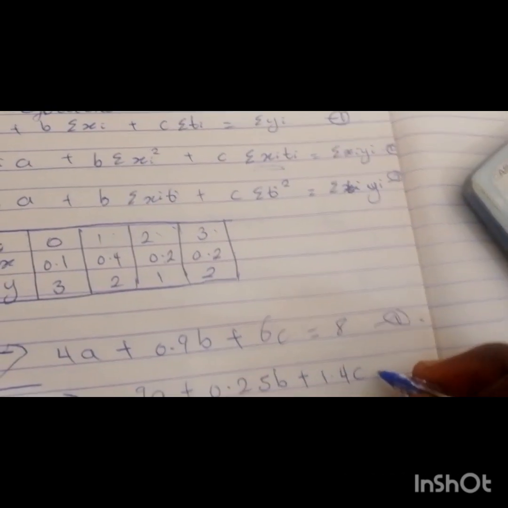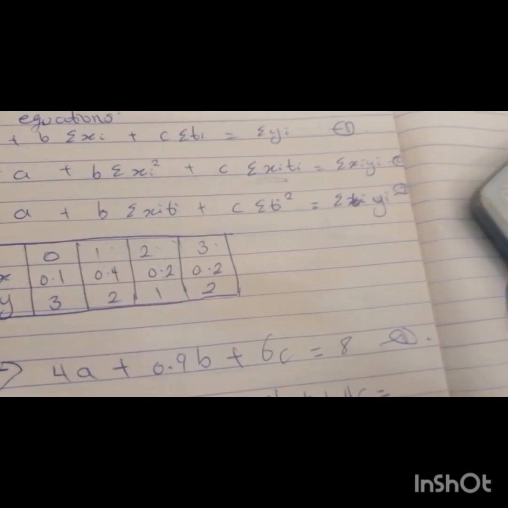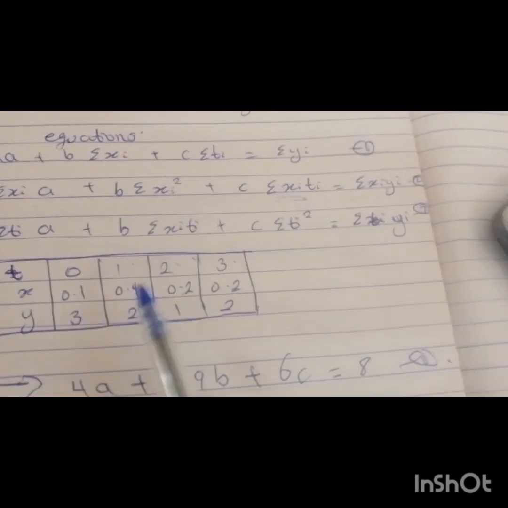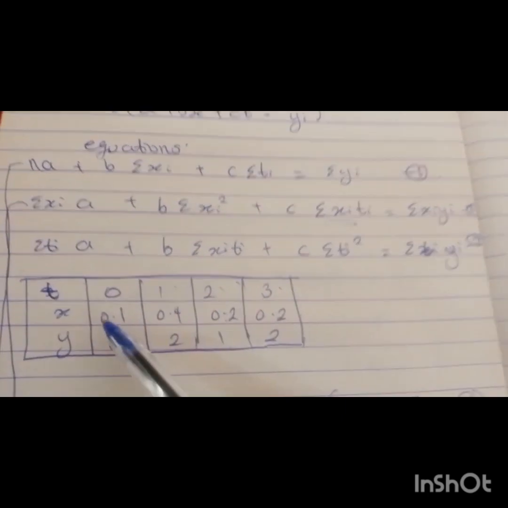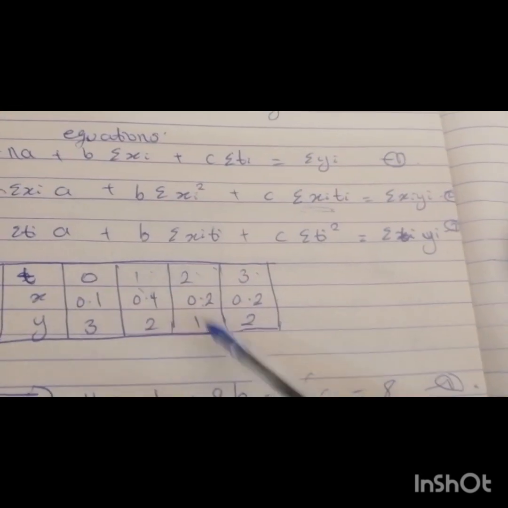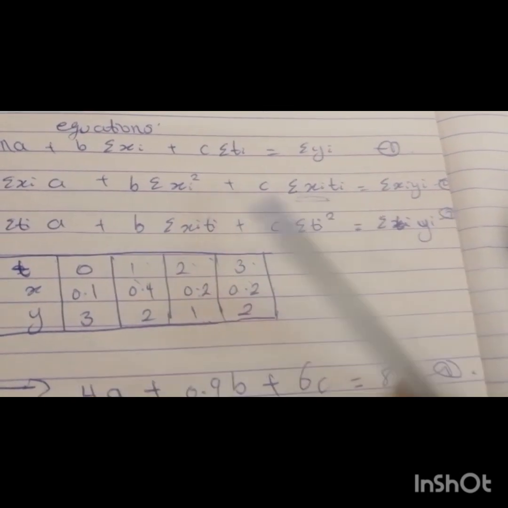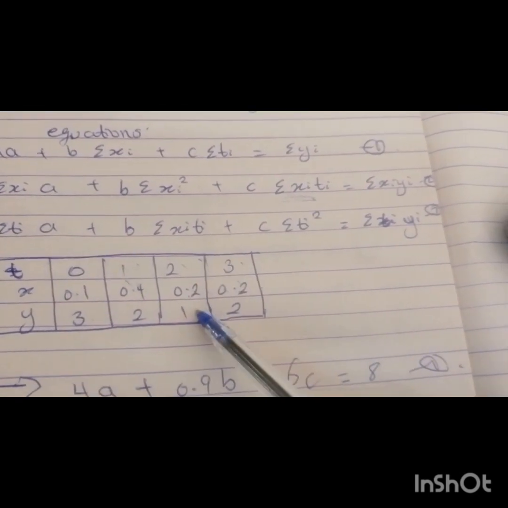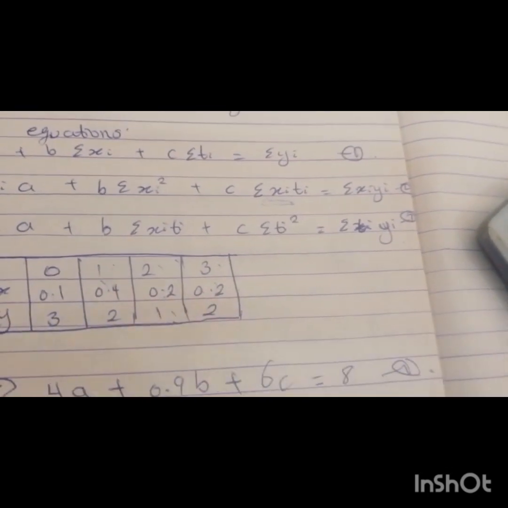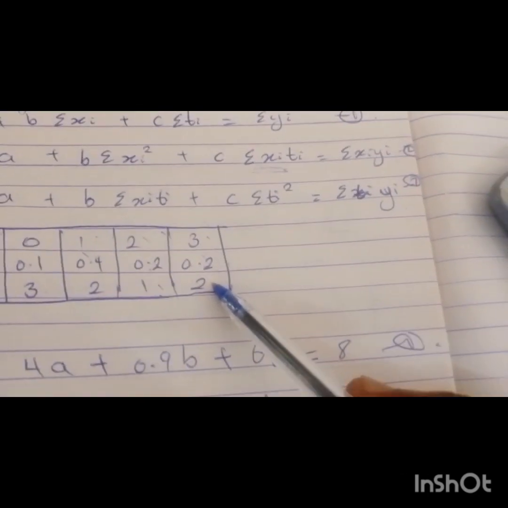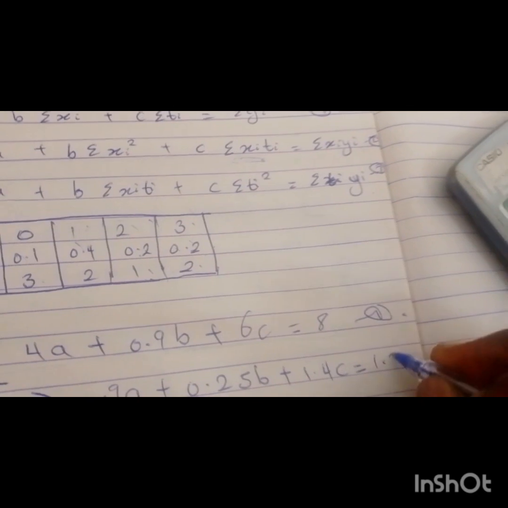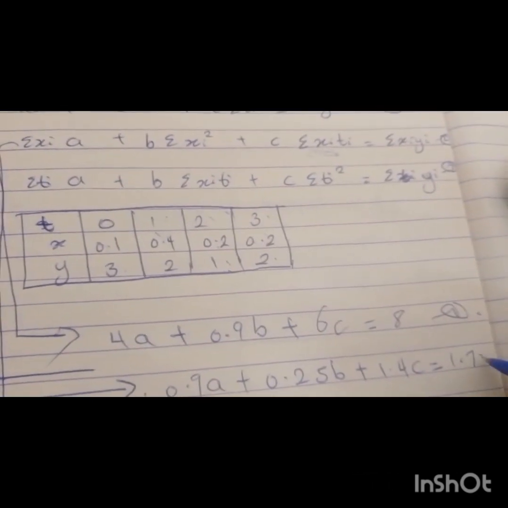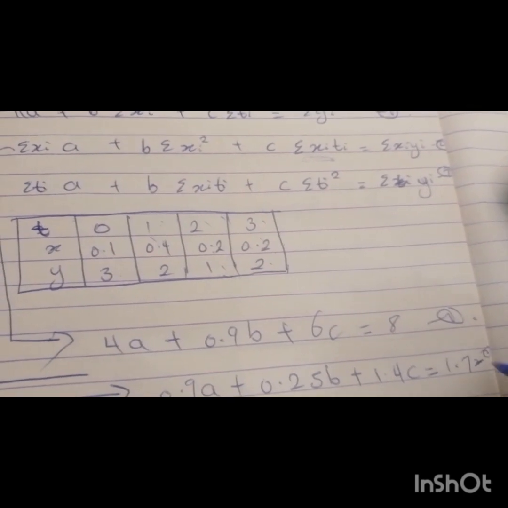So 1.4c equals xiyi. That's this time this plus this time this plus this time this plus this time this. So 0.3 plus 0.8, 1.1 plus 0.2, 1.3 plus 0.4, that gives us 1.7. So this is your equation 2.